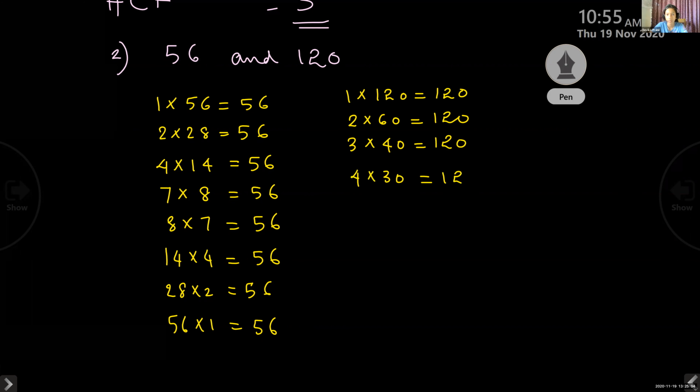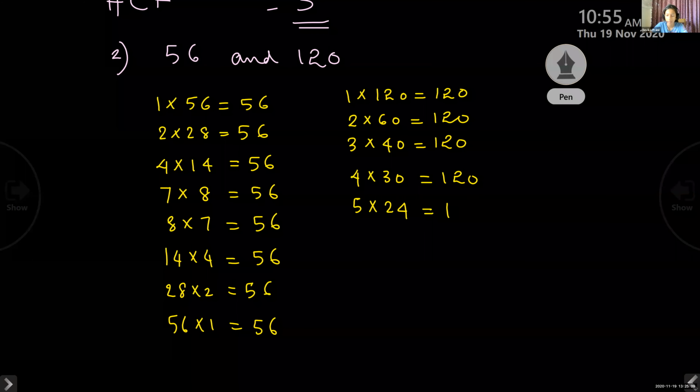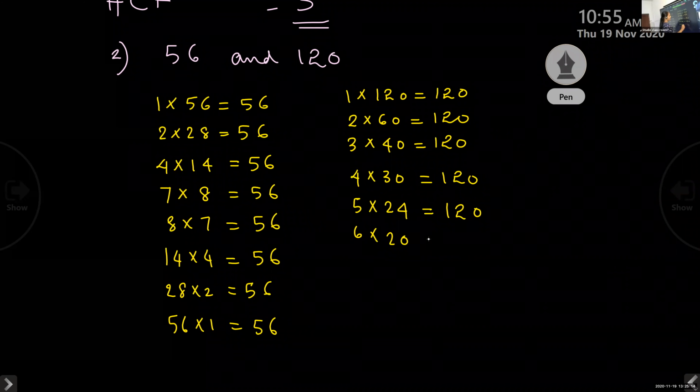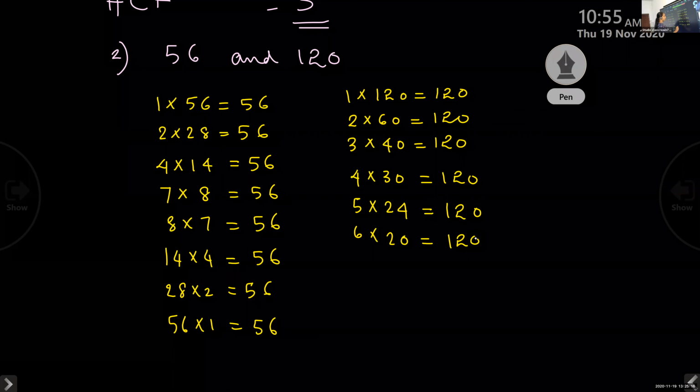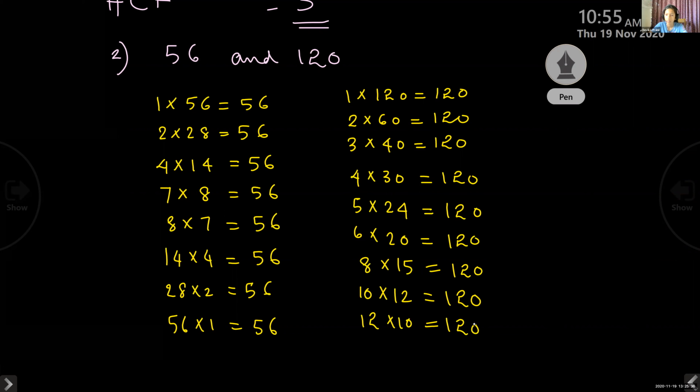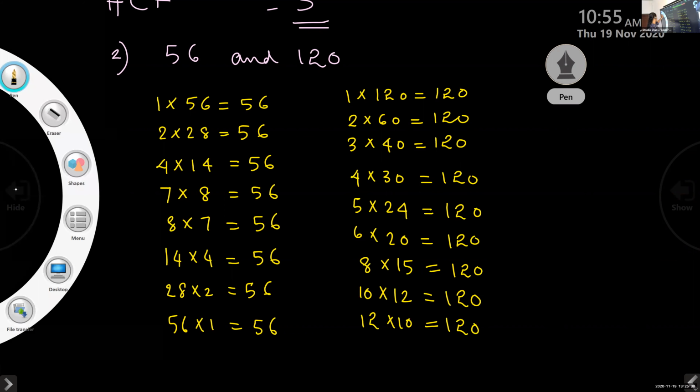Lot of factors. 5 into 24 equal to 120. 6 into 20 equal to 120. 8 into 15 equal to 120. Very good. 10 into 12 equal to 120. 12 into 10 equal to 120. 15 into 8. Okay. Let me scroll the board.